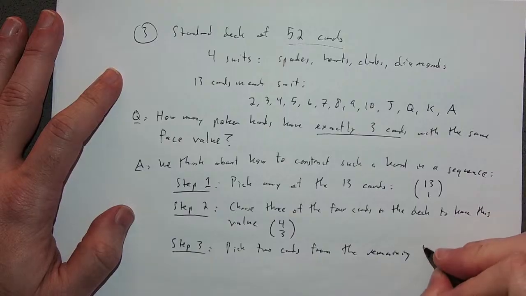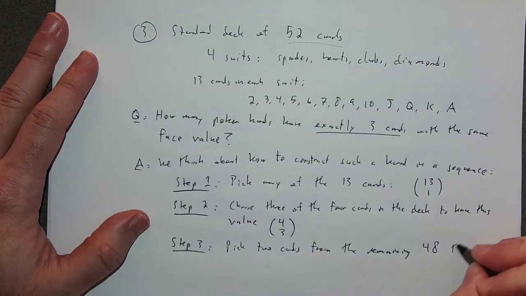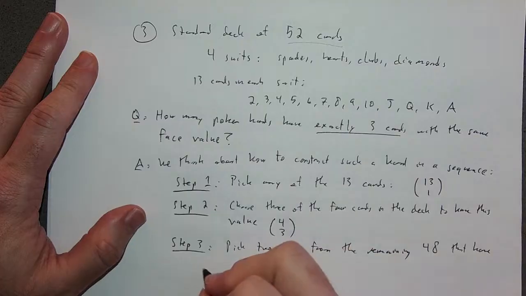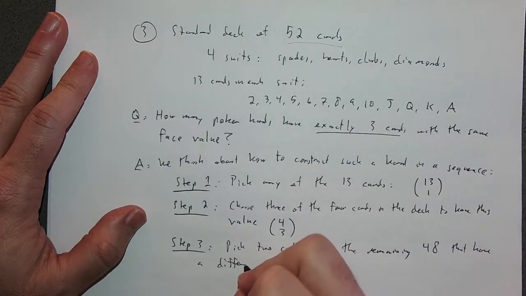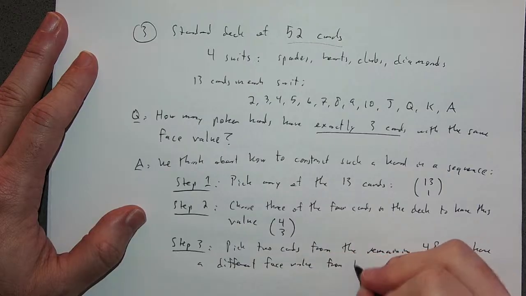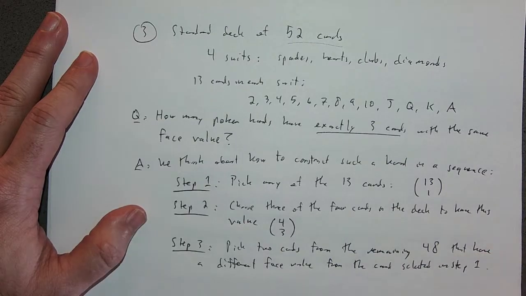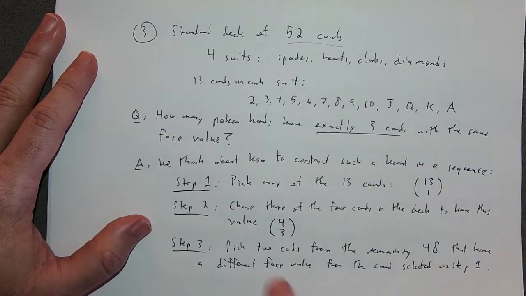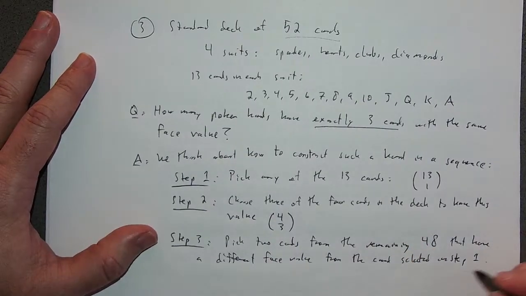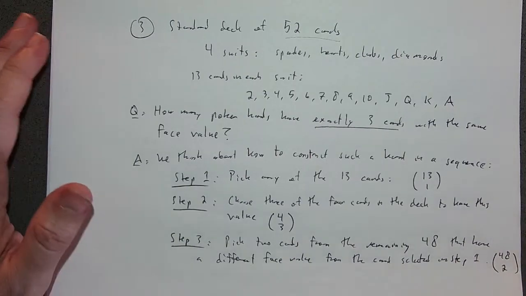So pick 2 cards from the remaining 48 that have a different face value from the card selected in step 1. How many ways are there to do this? Picking 2 cards from 48, there's 48 choose 2 ways of doing this.